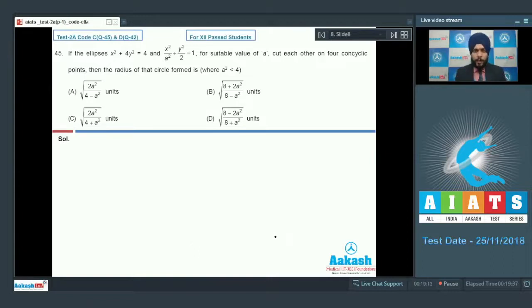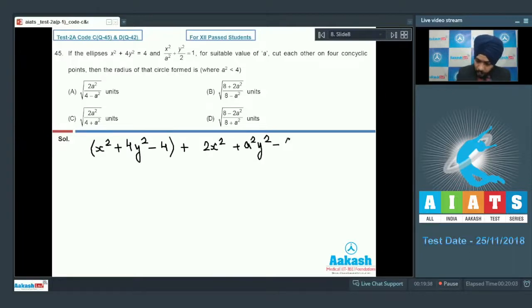That means the equation of that circle can be given by the family of these two ellipses. So the family of curves will be given as x square plus 4y square minus 4 plus lambda times (2x square plus a square y square minus 2a square). So S1 plus lambda S2 equal to 0. Coefficient of x square is 2 lambda plus 1. Coefficient of y square is 4 plus a square lambda.